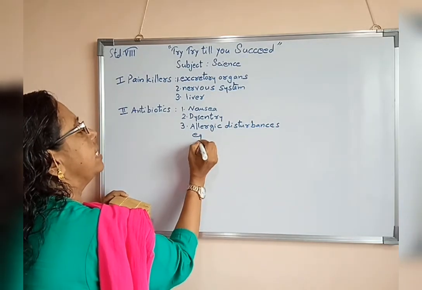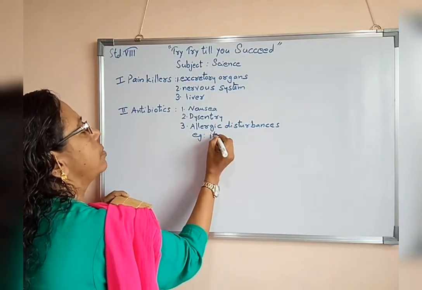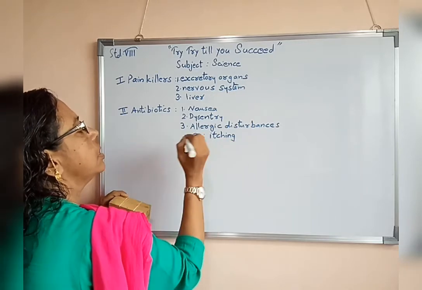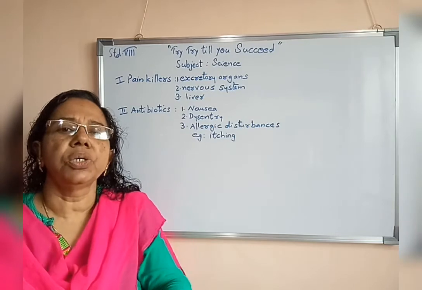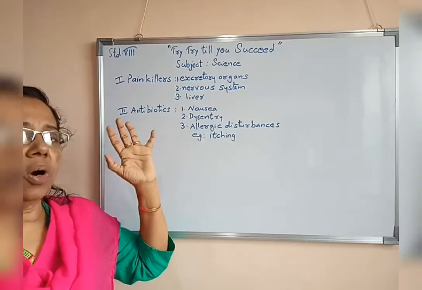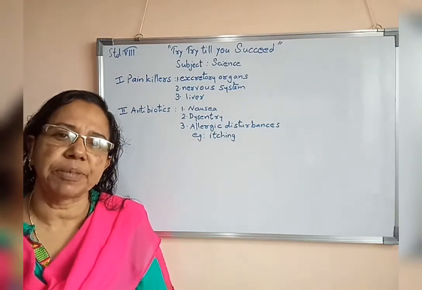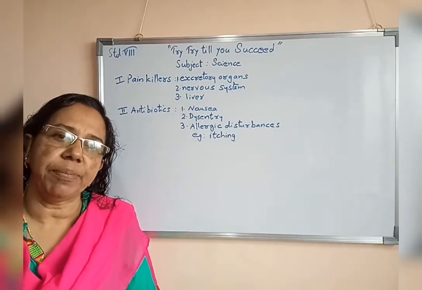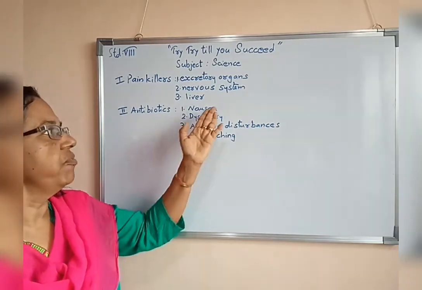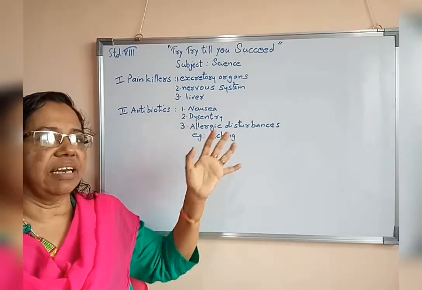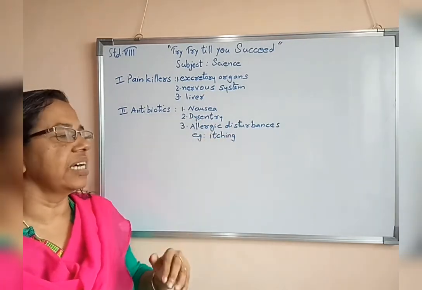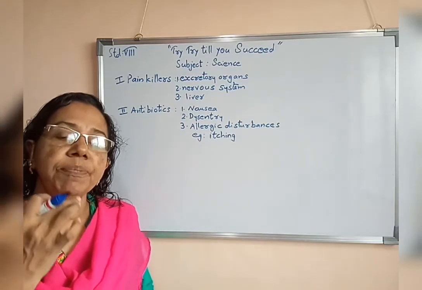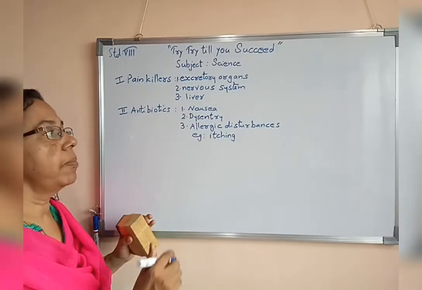For example, itching may occur on our body. If we consume more quantities of antibiotics unnecessarily, we are going to suffer with nausea, dysentery, and allergic disturbances like itching. Even white color patches may occur on our tongue.